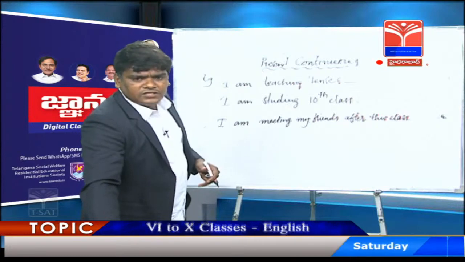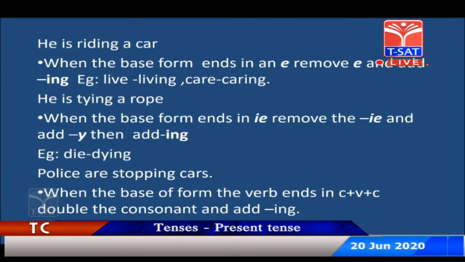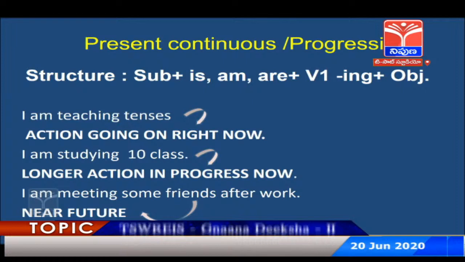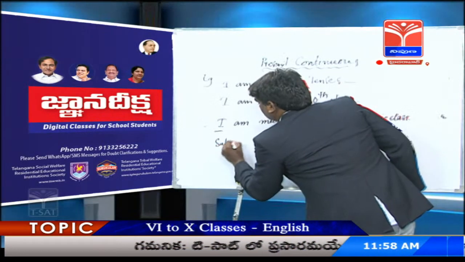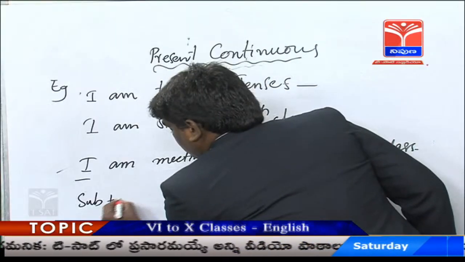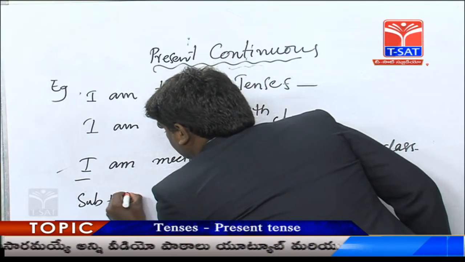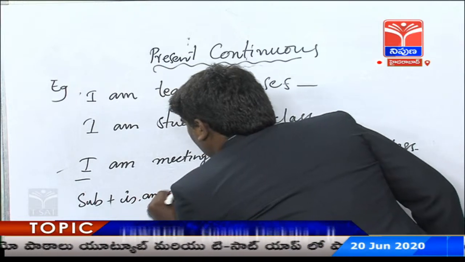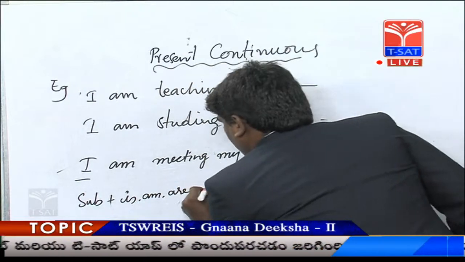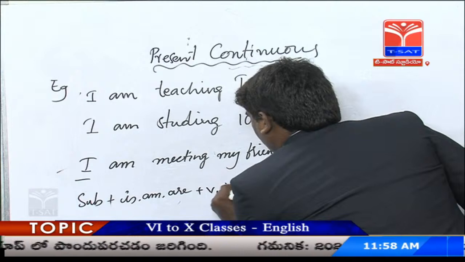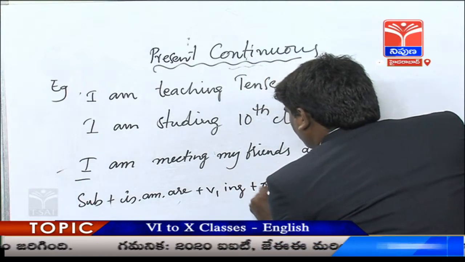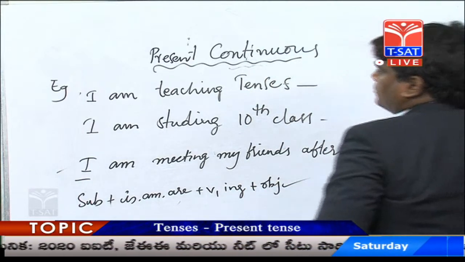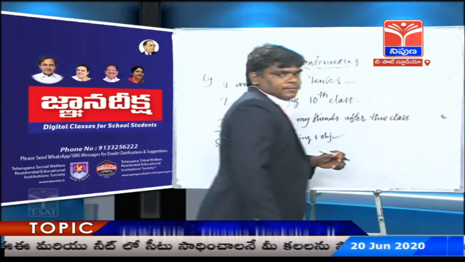If you want to see the structure here, there's a subject, then be forms like is, am, are plus V1 ing form, then object. This is the structure of the present continuous.